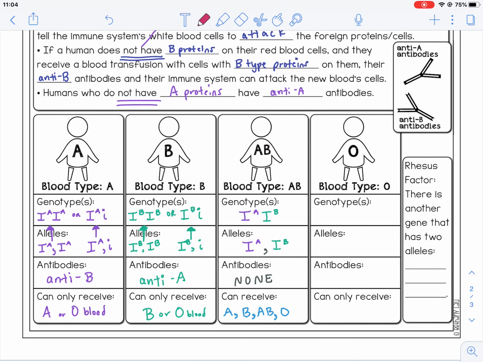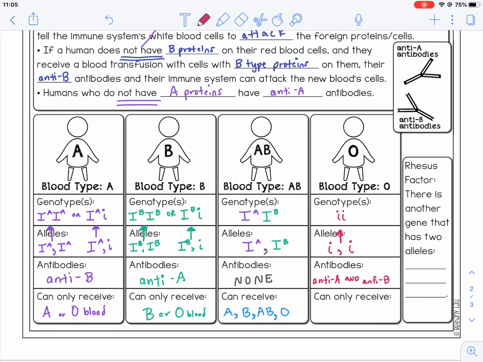So the only way to be type O is if you have two little i alleles. So if you have two little i alleles, you don't have an A or a B on the surface of the red blood cell, which means you have anti-A antibodies and anti-B antibodies.